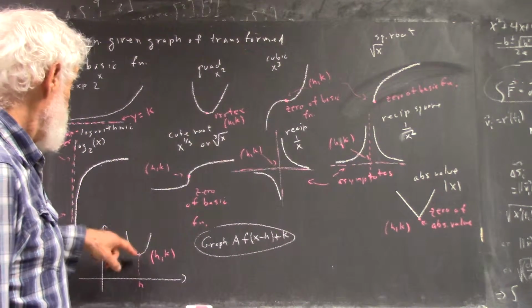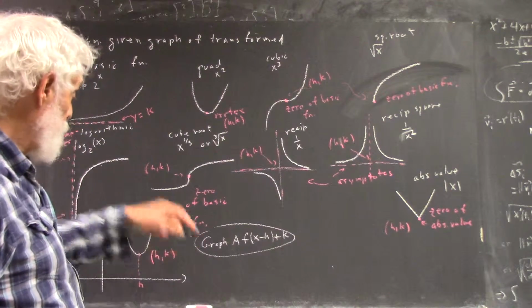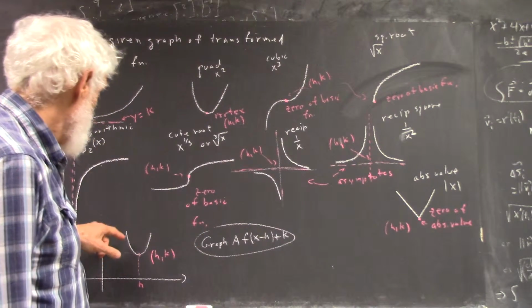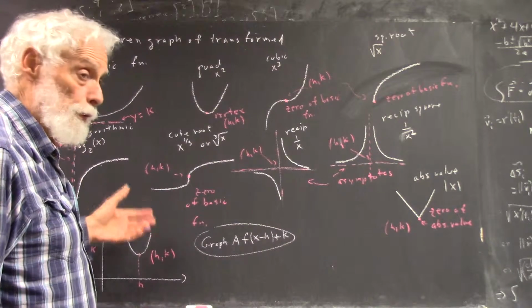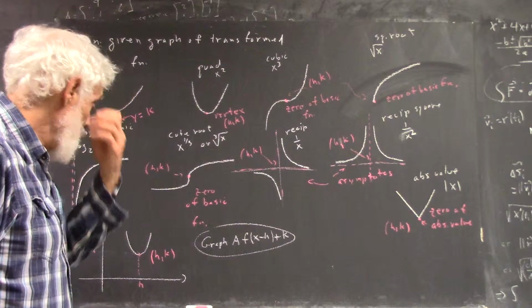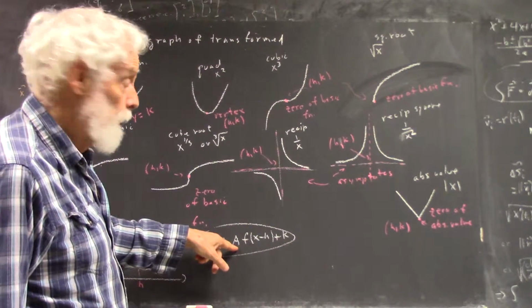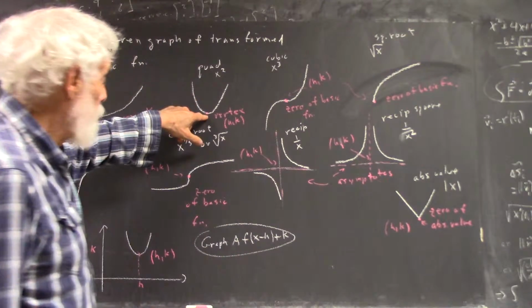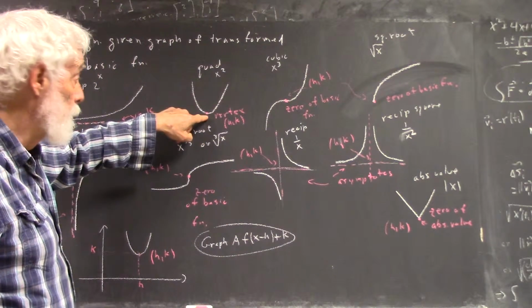Okay, so the vertex is the point hk, so that we could then pick any other point on the graph, estimate its coordinates, and use that to evaluate a. Okay, so in the quadratic, your hk point is the vertex.